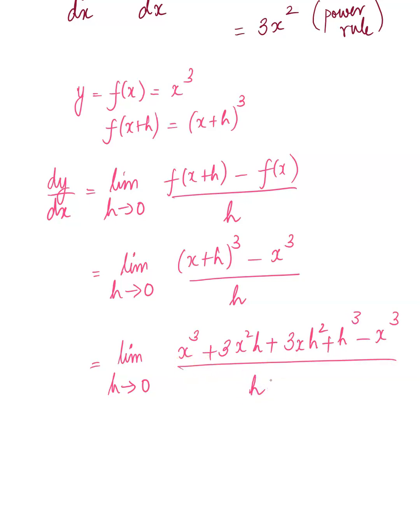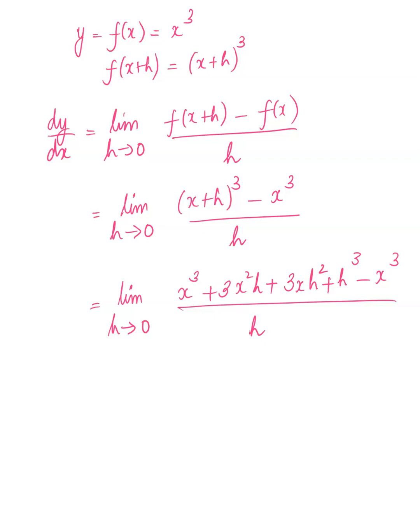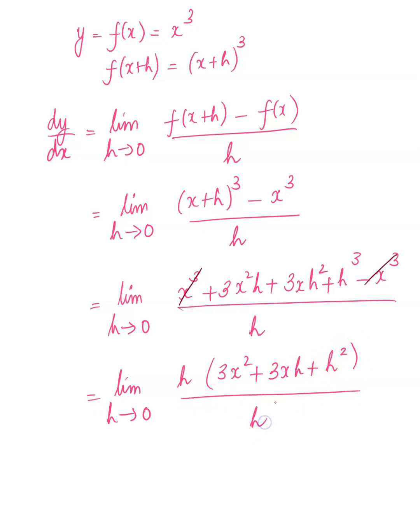This is how the formula works. Okay, so now you have the x cubes going away. We know that these are the terms that contain h in it. So that's going to be 3x squared plus 3xh plus h squared all over h.